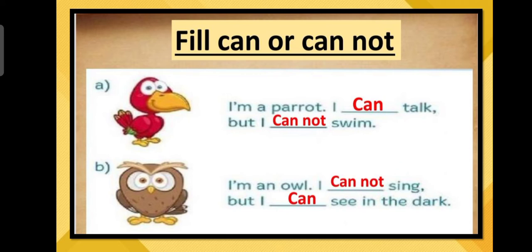And when something is not possible, that we are not able to do something, then we use cannot. Okay. So the answer is I am a parrot. I can talk. Parrot can talk. Okay. But I cannot swim. As the parrot has the ability to talk, but he cannot swim.